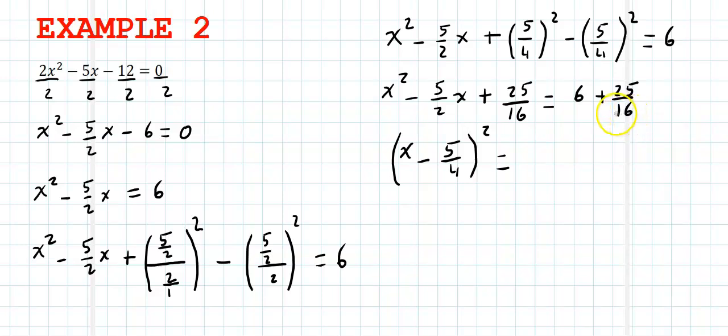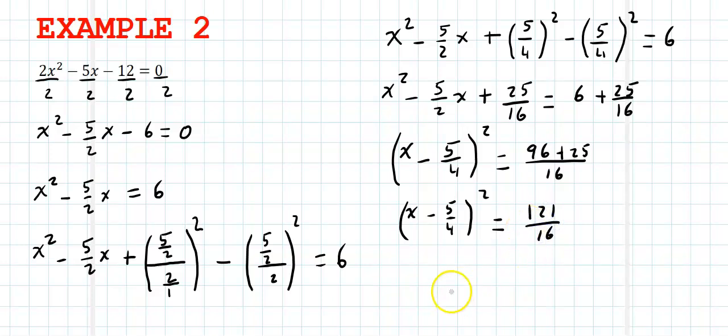On the right side, we have to simplify the expression. So multiply 6 times 16 is 96, plus 25, over 16. So x minus 5 over 4 to the second power is equal to 96 plus 25, which is 121 over 16.